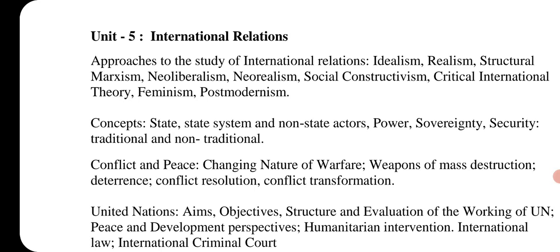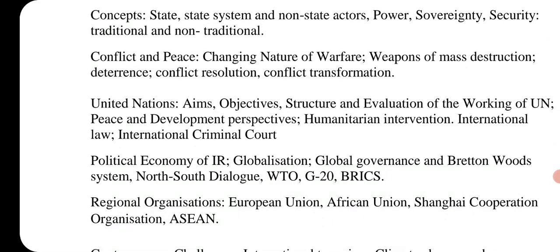Next, United Nations, aims, objectives, structure and evaluation of working of UN, peace and development perspectives, that is humanitarian intervention, international law, International Criminal Court. Next one, political economy of IR.